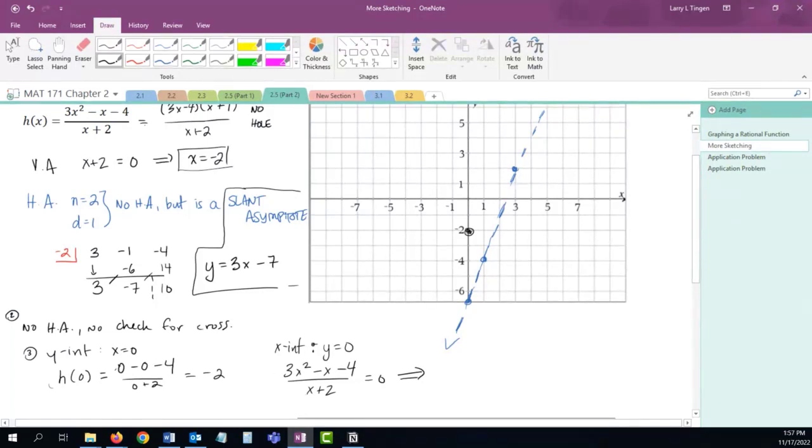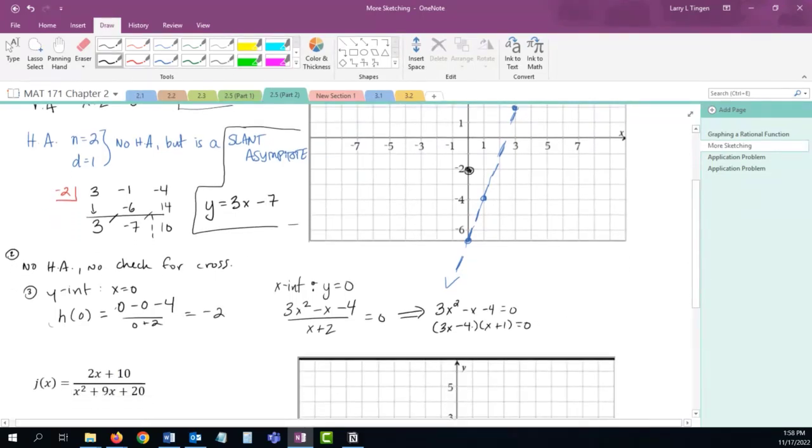So when is this rational expression equal to 0? Only when the numerator is equal to 0. If you want to do the cross multiplication, you'll end up with the exact same result. You'll find that 0 times x plus 2 is 0. 3x squared minus x minus 4 times 1 is 3x squared minus x minus 4. We already factored this earlier into 3x minus 4 and x plus 1.